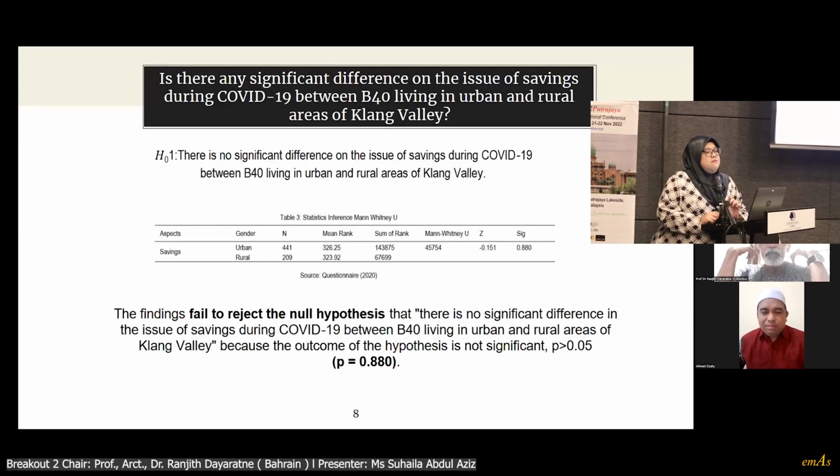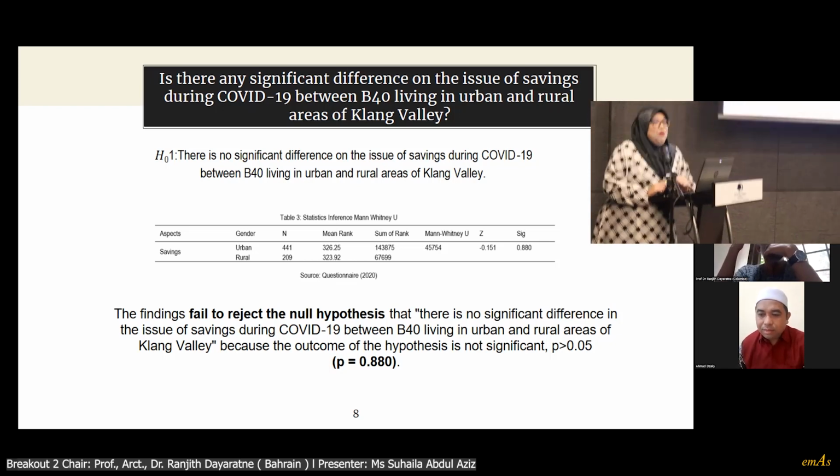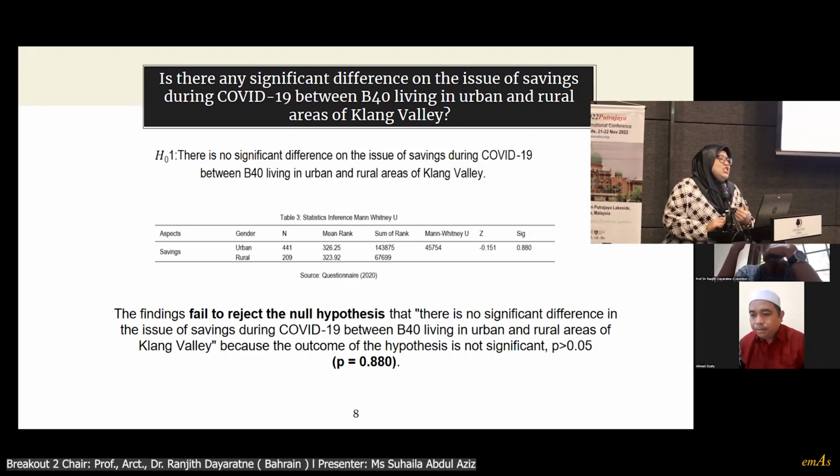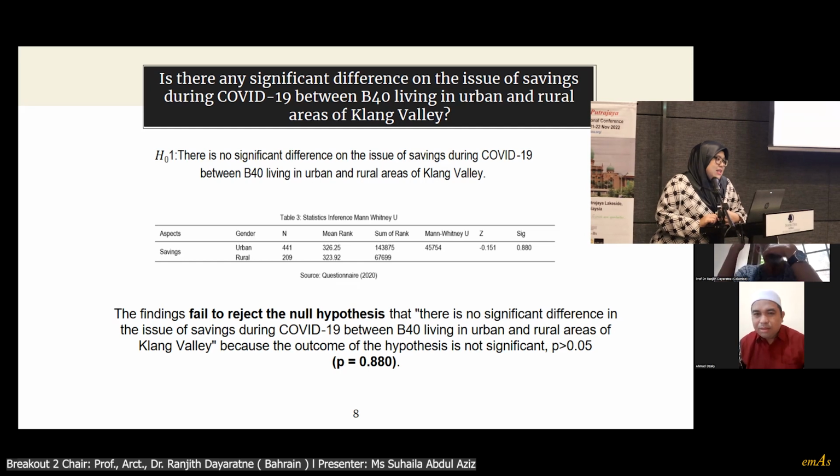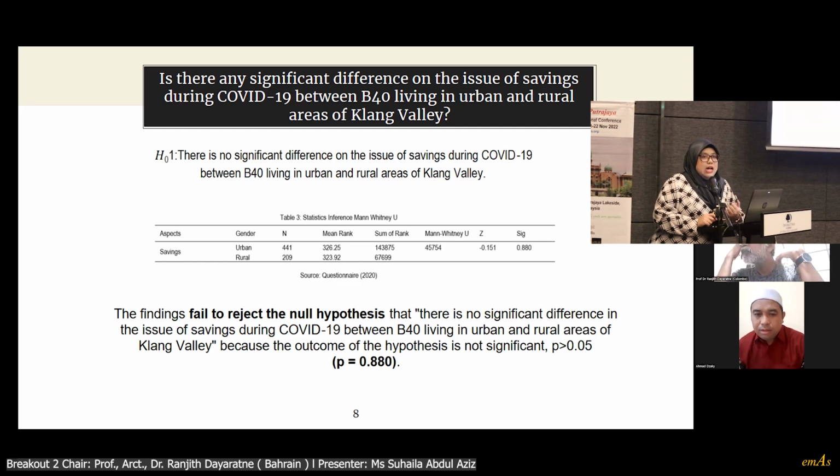And of course, for the third one, the issue of saving, again the significant value is more than 0.05. Therefore, we fail to reject the null hypothesis. We can conclude here that there is no significant difference on the issue of income, saving, and expenditure during COVID-19 between B40 who live in urban and rural areas of Klang Valley. There is no significant difference.